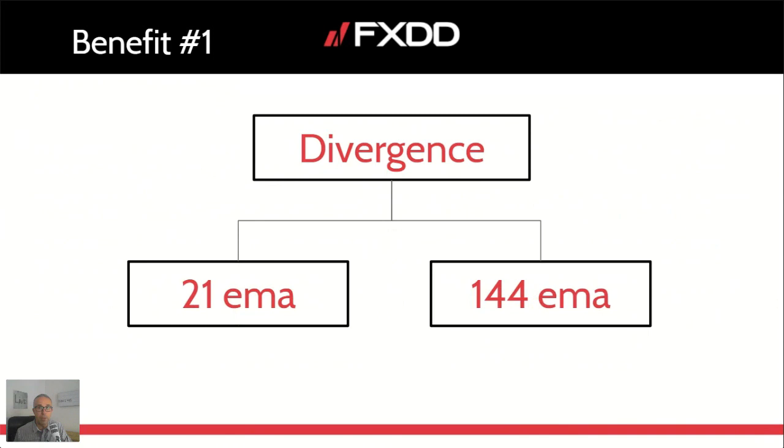And the number one benefit of moving averages, or actually, this is not in sequence. This is not the most important, by the way. I should say it's just the first one on the list, but it's not necessarily the most important. The moving average is a target when a divergence pattern appears.